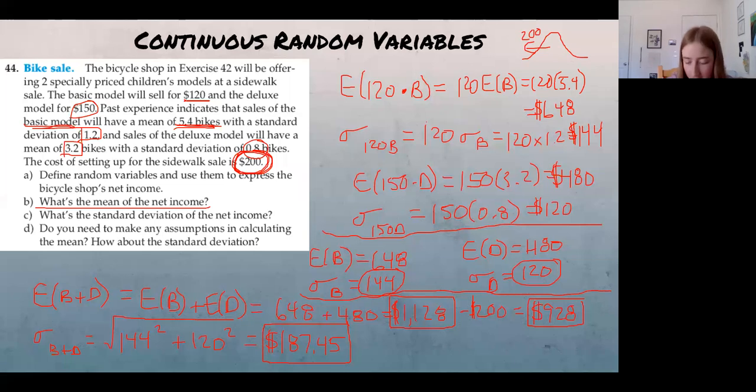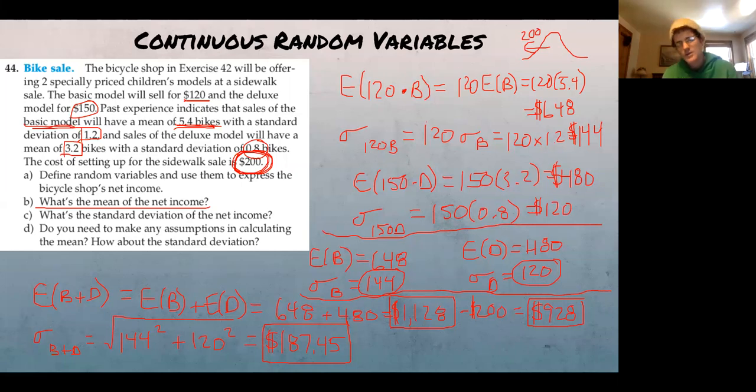Yeah, that's essentially it. So if we sold a lot of deluxe bikes on one day, we have to assume that does not have any impact on the amount of basic bikes that we sell, and vice versa. You can determine for yourself if that's a fair assumption, but it's the one that we're going to roll with. And there we go. We have our model. So if I was going to create a normal model, it would have a mean of 928 with a standard deviation of 187.45. And we could then use that to answer some other questions.